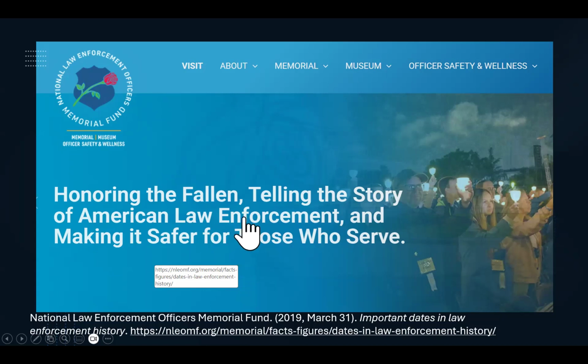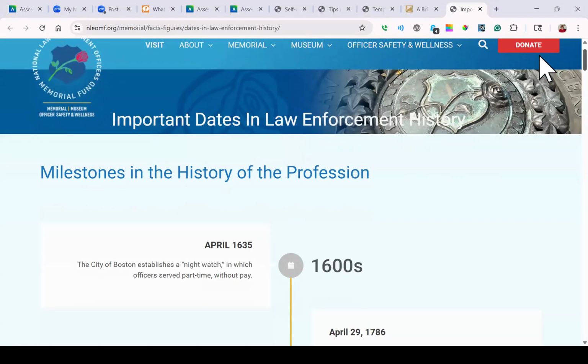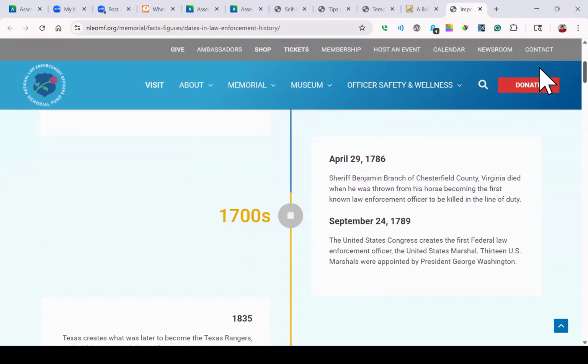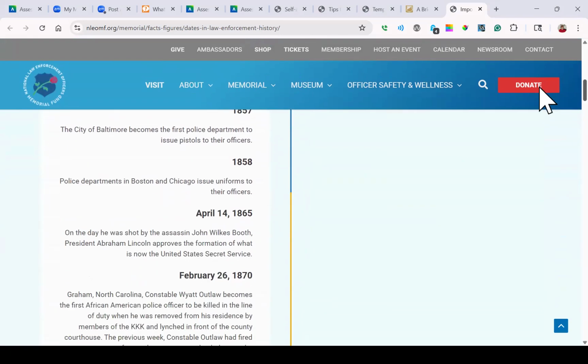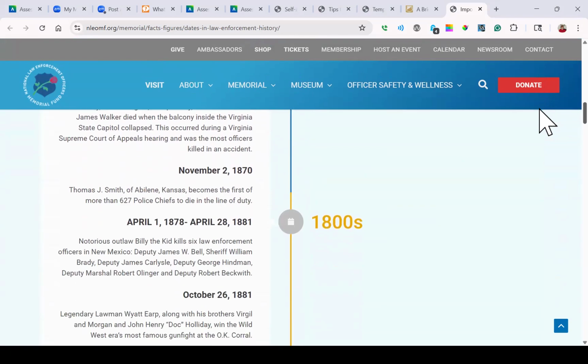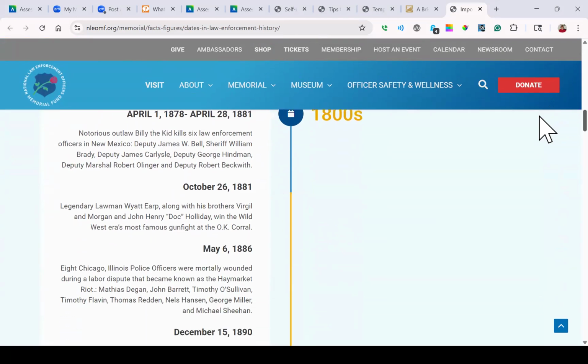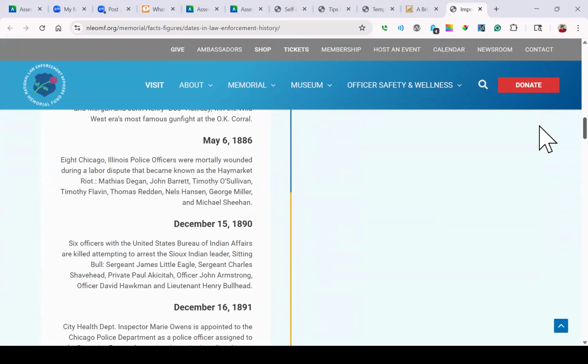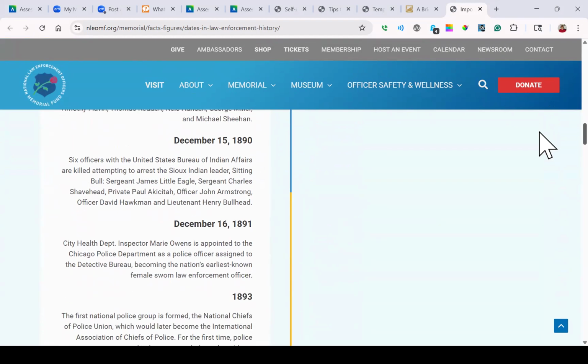We can go up here, and I'll share this page with you. We just scroll down, you can see the different dates. So hopefully this will help you. Remember, I'm only providing some resources. You're always encouraged to use other resources. If you find something extremely useful, please share it with your colleagues. Let's go back to the PowerPoint.